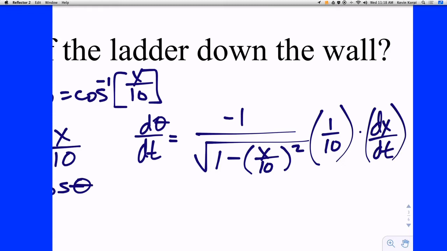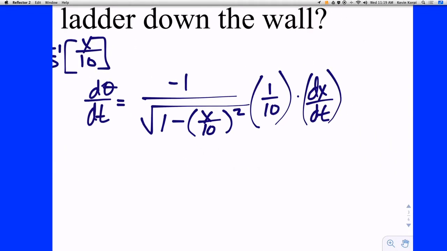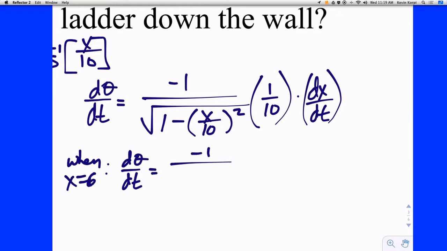Yeah. This one is nice because it does only require the value of x and dx dt, which were given. So let's go ahead and just keep doing it this way. So when x equals 6, d theta dt equals, all right, we get negative 1 over the square root of 1 minus, let's see, 6/10 is also known as 3/5.